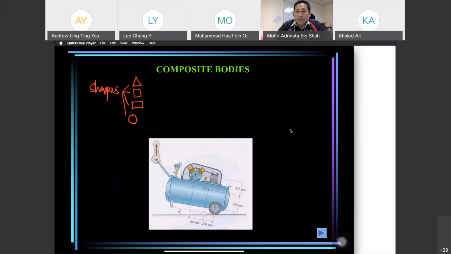And for volumes, we have pyramid, sphere, and so forth, and cubic. So a composite body is the combination of those shapes and volumes. If it is about volume, the volumes will be combined together. That makes it a composite body.